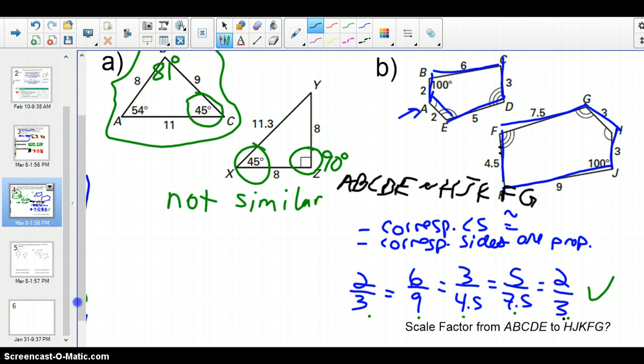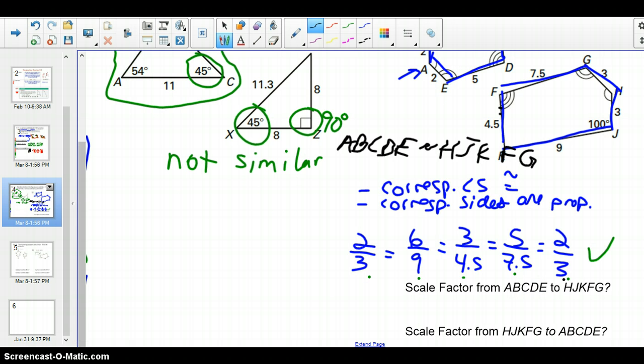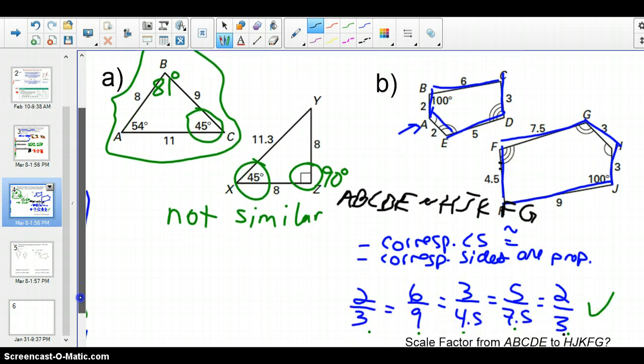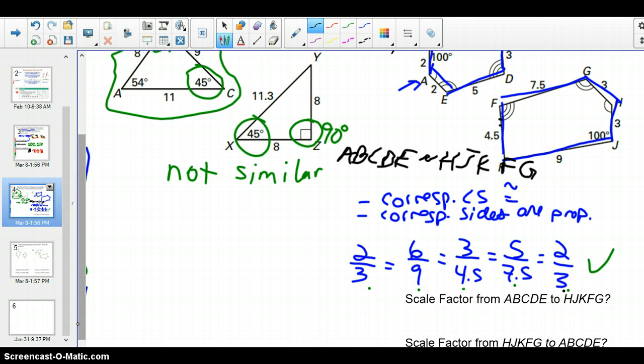There we go. All right, now let's talk a little bit about scale factor. So scale factor, let's look back at our vocab, is just the ratio of the lengths of two corresponding sides in polygons that are similar. So in this one, I want to look for a scale factor from ABCDE to HJKFG.